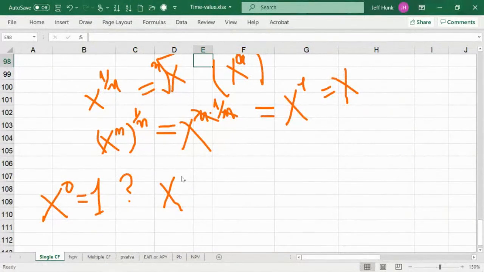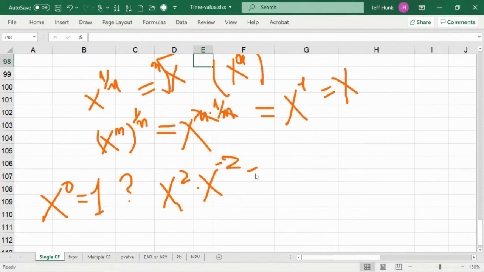For example, what if we have x squared times x to the negative 2? x squared times x to the negative 2.